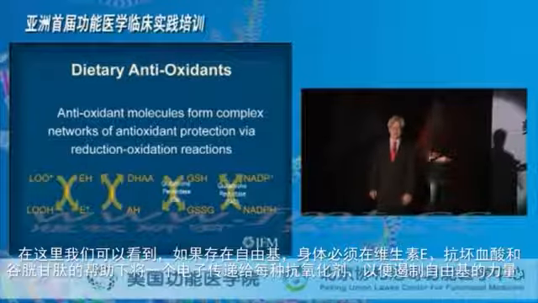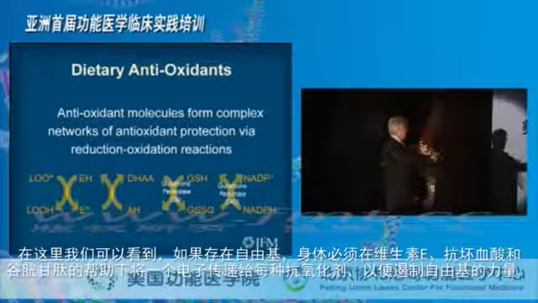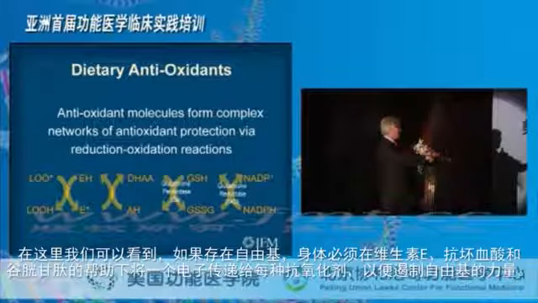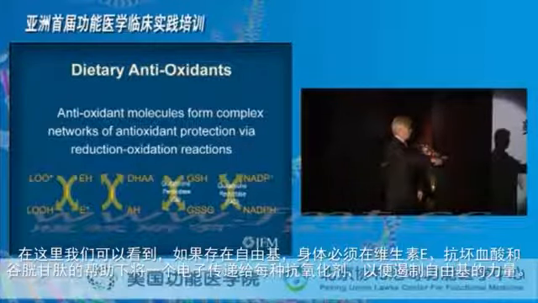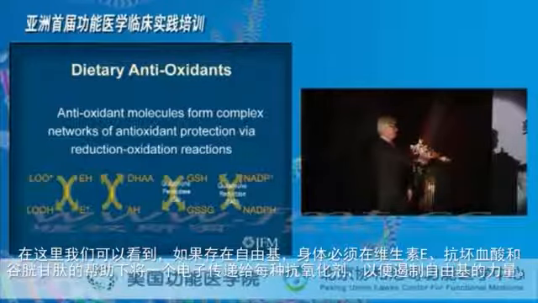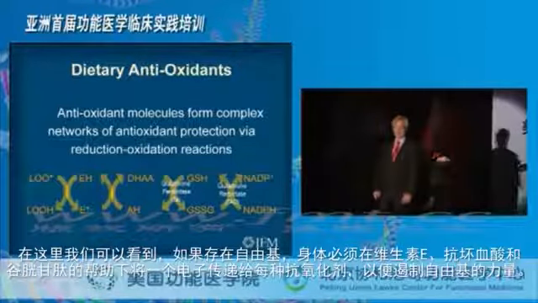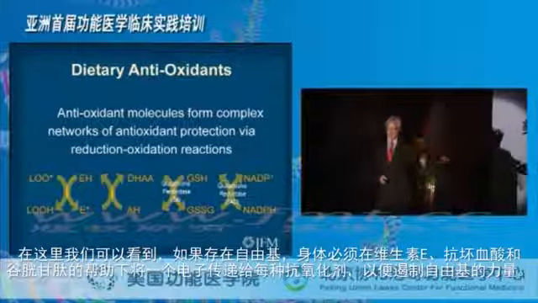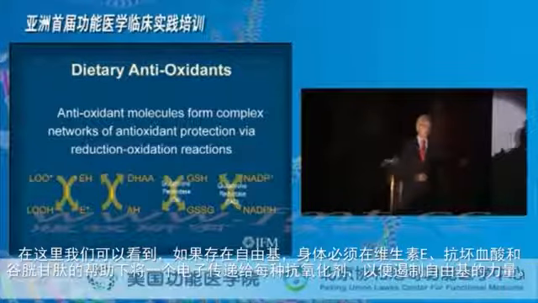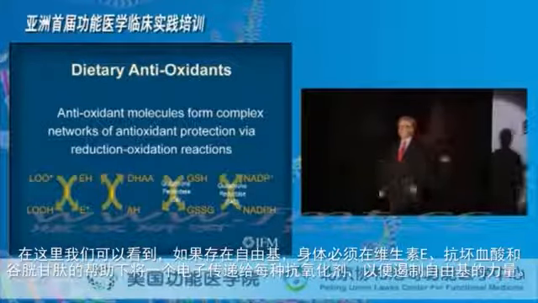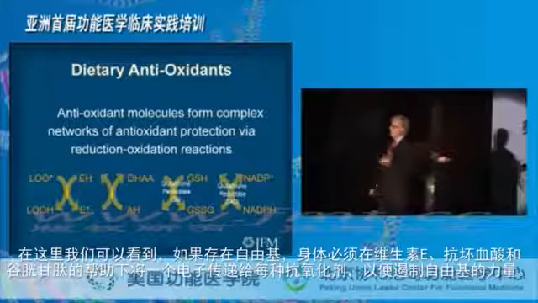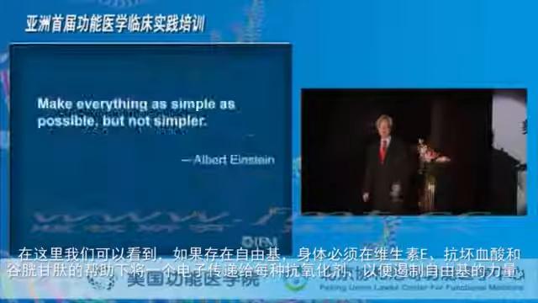So we can see here that when there's a free radical, vitamin E and ascorbic acid and glutathione are necessary and useful for helping the body to hand off an electron to each of the different antioxidants to help to quench the free radicals that are there.